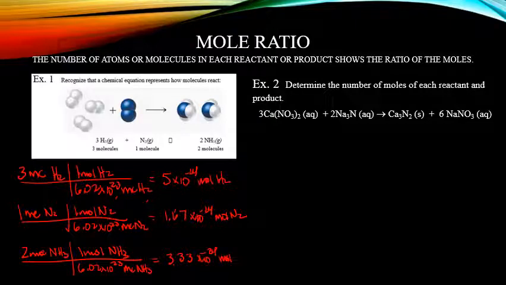So if you remember when we were looking at empirical formulas, you would take the smallest number of moles and divide all of them by that number to get the ratio.